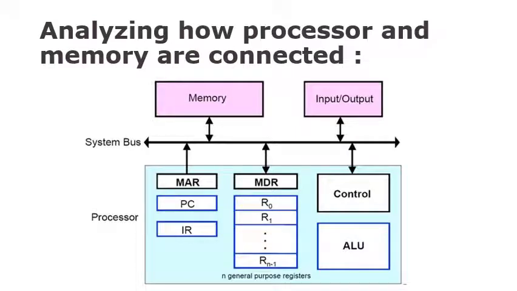So now we will analyze how processor and memory are being connected. Let us see one after other, right? So first we will see about the program counter.